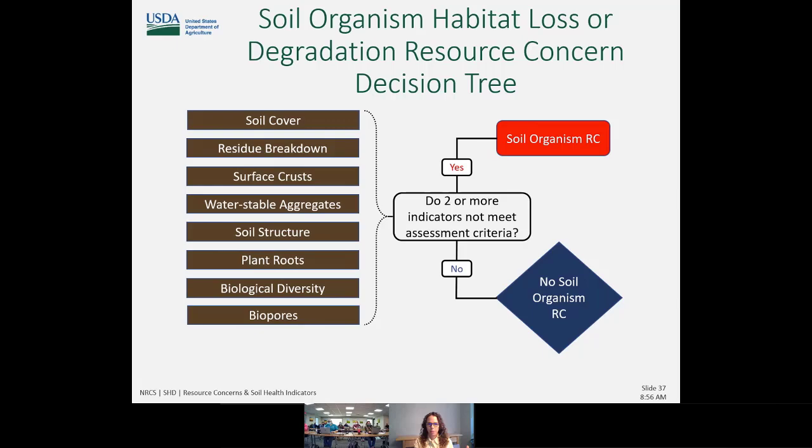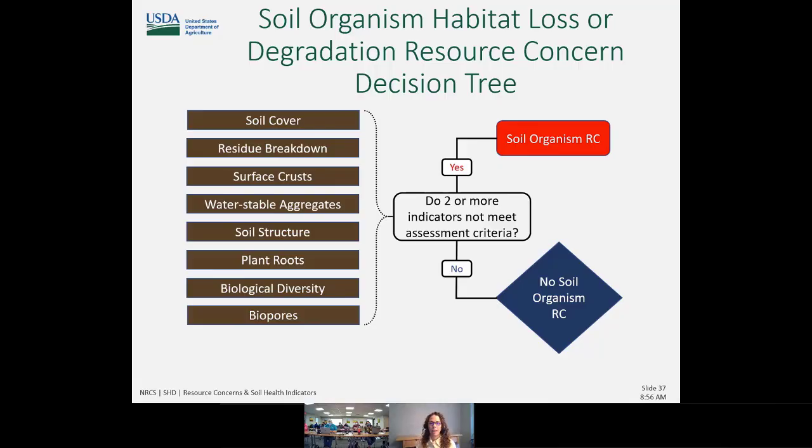These are all basically set up the same way: we take the associated indicators, look at how many meet the criteria or not, and then determine whether there is the resource concern. So for soil organism habitat loss or degradation, you look at the 8 different indicators: soil cover, residue breakdown, surface crusting, aggregate stability, soil structure, plant roots, biological diversity, and biopores, and ask the question, do 2 or more indicators not meet the assessment criteria?